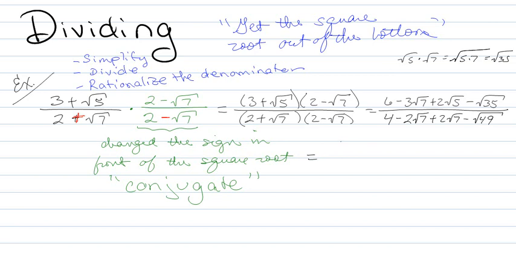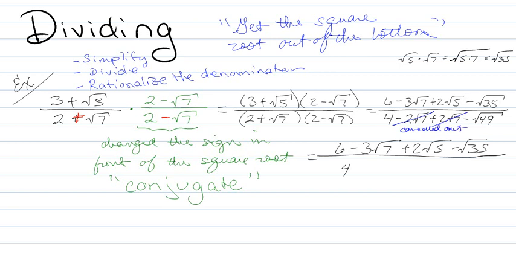On the top we got nothing exciting. Very disappointing. But look what happened on the bottom. We got 4, then minus 2 root 7 plus 2 root 7, so those canceled out. They canceled out because way back, when we had a plus root 7 there, we made it a minus root 7.